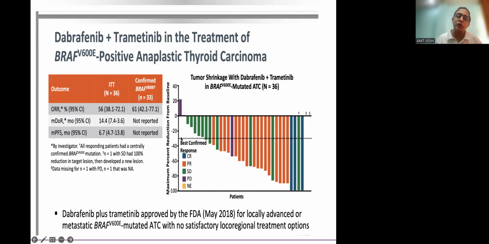The majority of patients have more than 30% shrinkage, and if you take 50% shrinkage, around 50% of patients with a BRAF mutated tumor respond when you use this drug. The majority will have shrinkage of the tumor, and some will have total control of the disease for a sufficient period of time.